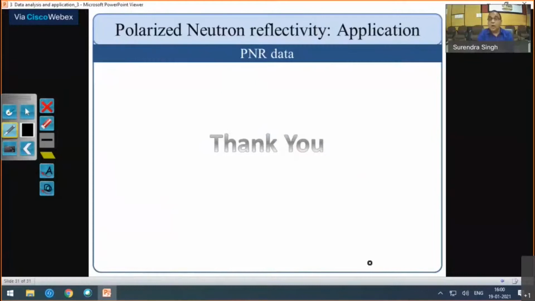But tomorrow I will take a few examples of samples where we have really seen how the magnetic structure changes as a function of depth. Thank you.